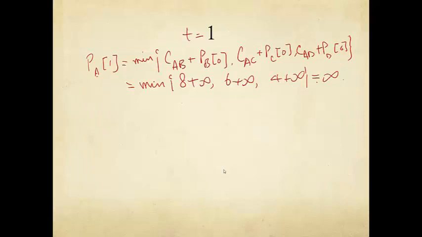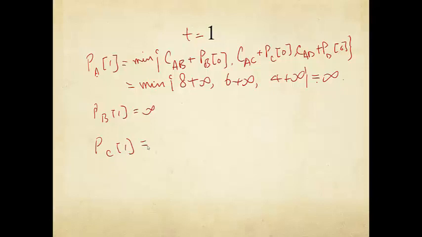But again, don't eyeball the solution. We just want to illustrate the Bellman equation using as simple a numerical example as possible. Similarly, you can write down that PB at this time iteration is also infinity. What about PC?